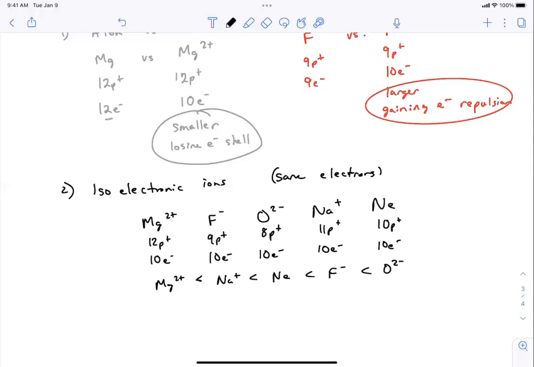But they would never do 11 electrons in this group. Because remember, every time the IB wants to compare things, something has to be the same and something has to be different. You can't have everything different because then there are too many factors in your deduction. So no, you wouldn't get Na thrown in there by itself with 11 electrons and 11 protons. That would be difficult to compare.